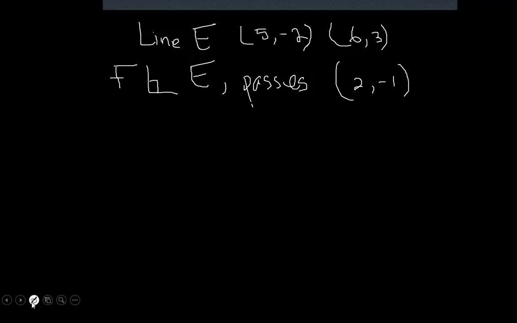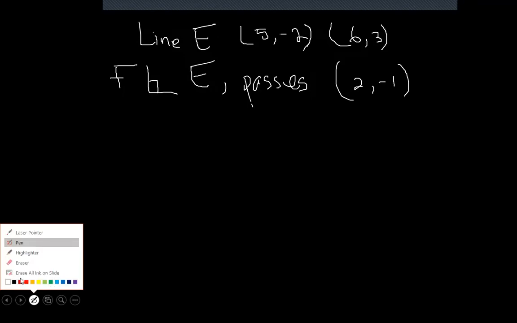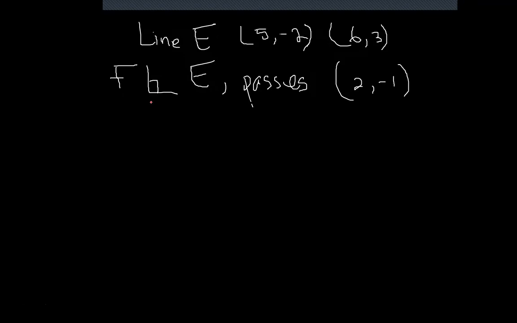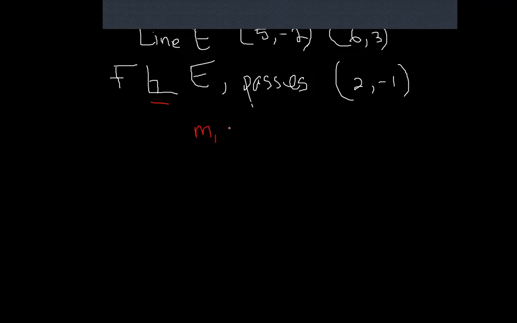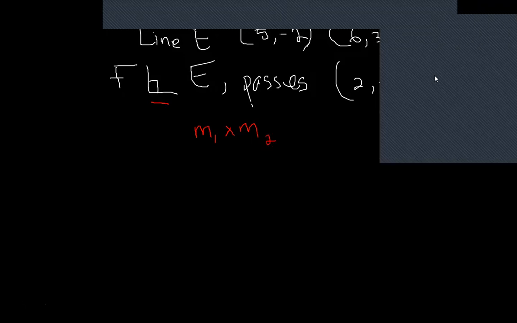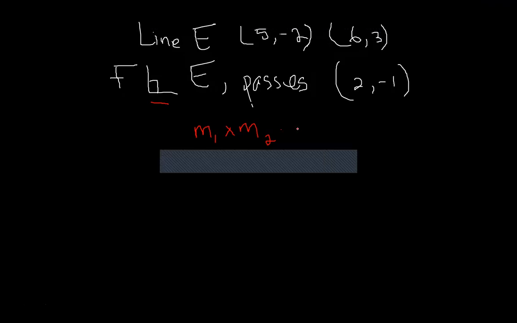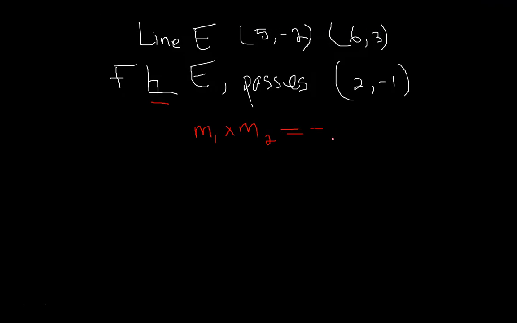So the first thing we want to do: remember, for perpendicular lines, the product of their gradients is -1. So M1 times M2 is equal to -1.